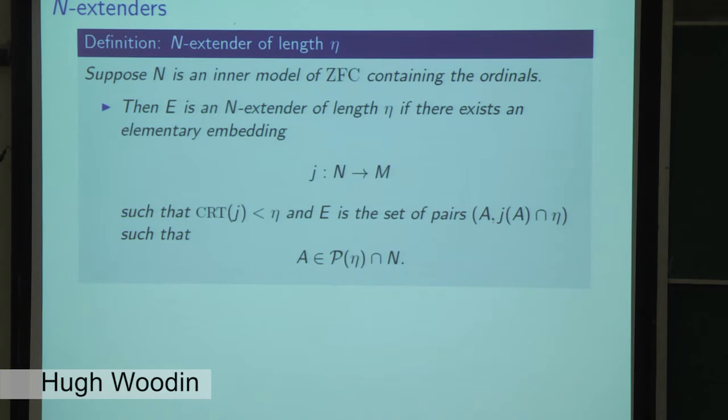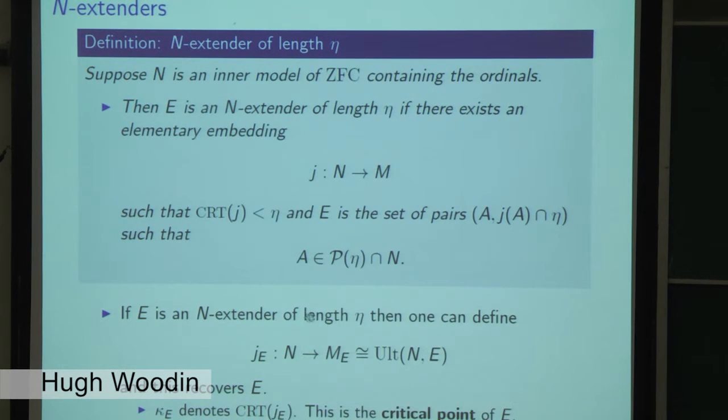I'll state one. Again, this has already been defined for us, but let me just remind you: if N is an inner model of ZFC containing the ordinals, E is an N-extender of length eta if there's an elementary embedding j from N into a transitive class, the critical point of j is less than eta, and E is just the set of pairs (A, j(A) intersect eta), where A is a subset of eta in N. Extenders are usually presented as systems of ultrafilters, but this is fine for our purposes.